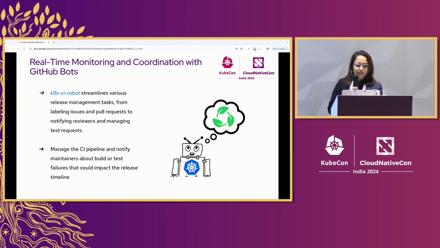It also notifies about the CI pipeline, about the build or test failures. They get notifications on their Slack or email that these tests in the test grid are failing, or that these tests have been flaky a couple of times, so these need to be worked on. This is escalated by KCI Robot.